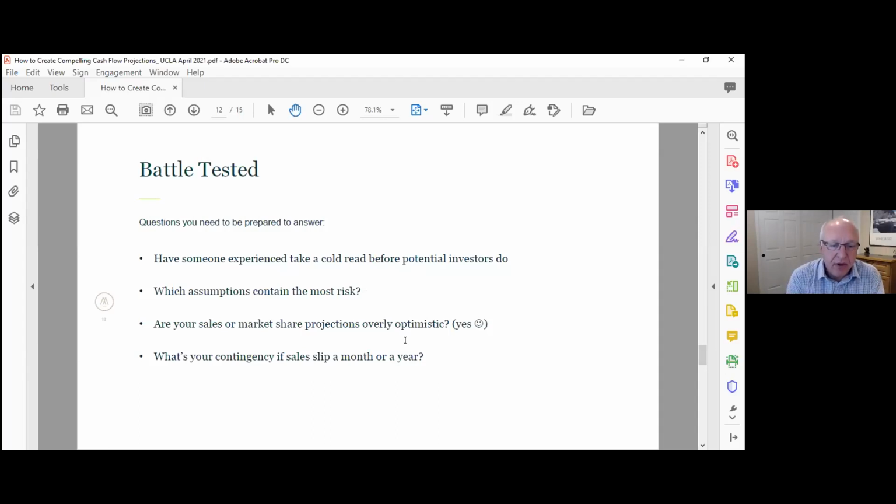By the time you complete this and maybe iterate it several times, you're so deep into it, and this is your passion. This is your mission in life at this point. You're too deep into it to be objective. It's really helpful to have someone take a cold look at it and challenge you on certain aspects.